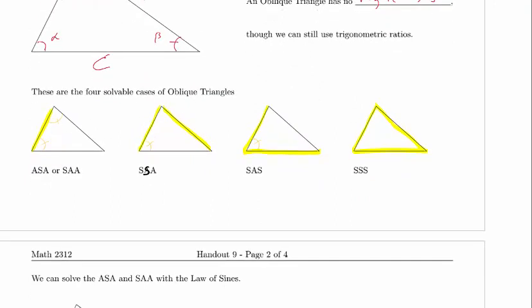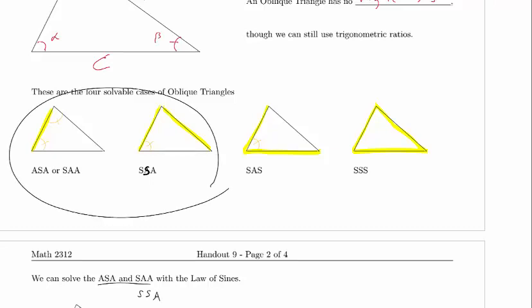So we can solve the angle side angle and the side angle angle. Note that these both constitute the same case. We can also do side side angle. So with the law of sines, we'll be able to knock out either of those two right there.